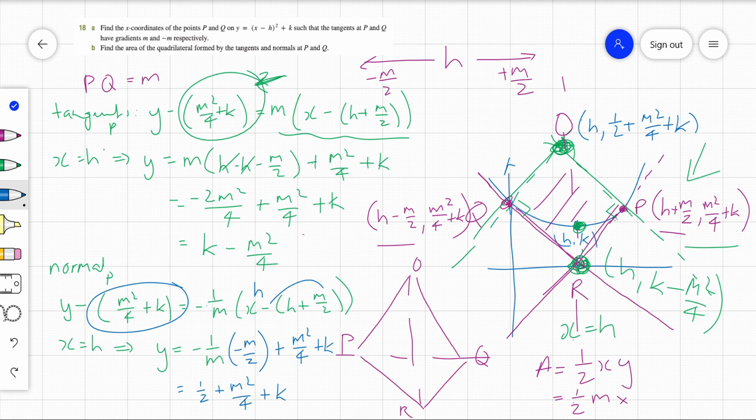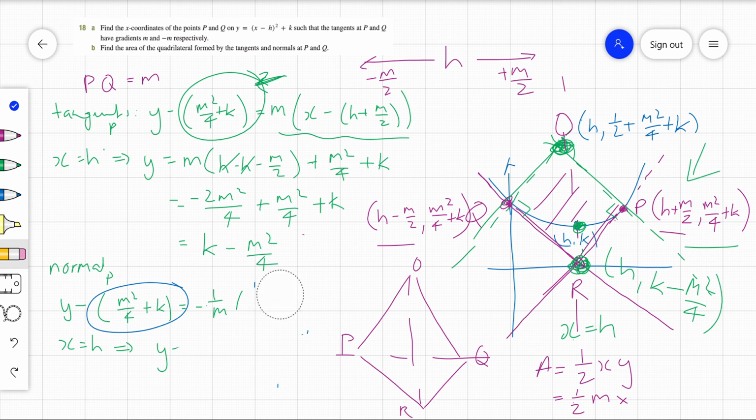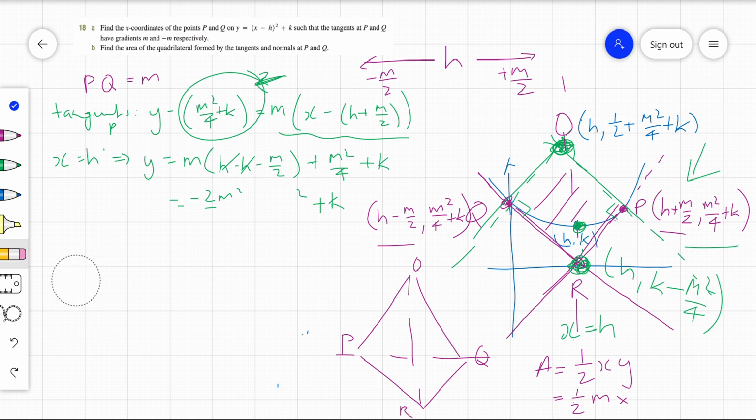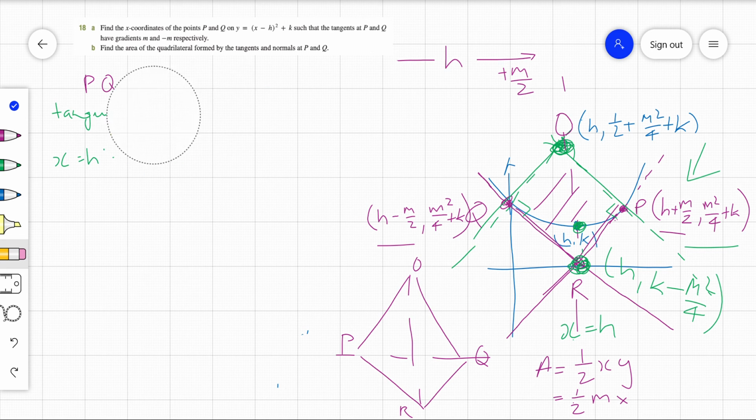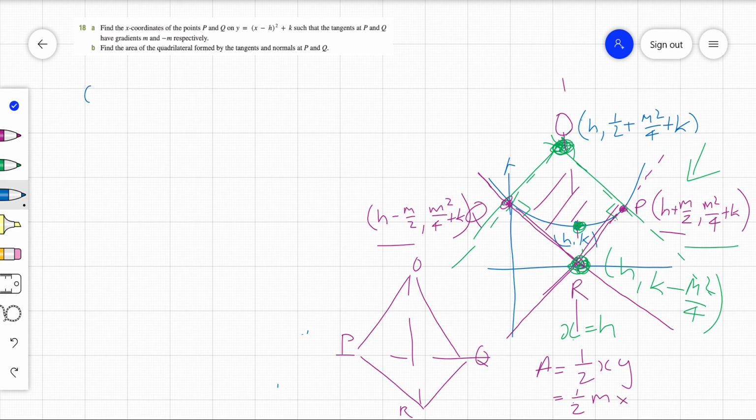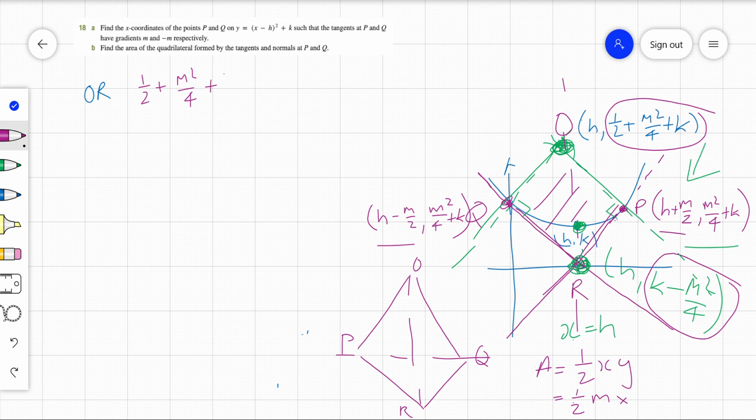All right, so now we're looking for that distance, because we just want to find that distance OR. Did I write that? I hope I wrote that down. All right, so we want the distance O to R, and you can see it's going from k minus m squared on 4 all the way up to half plus m squared on 4 plus k.